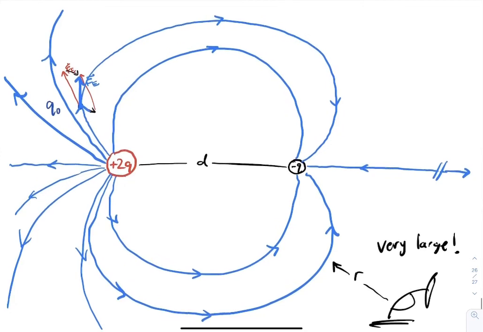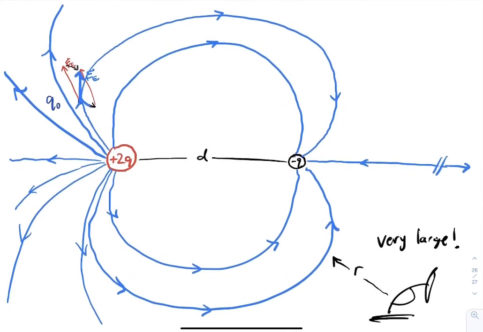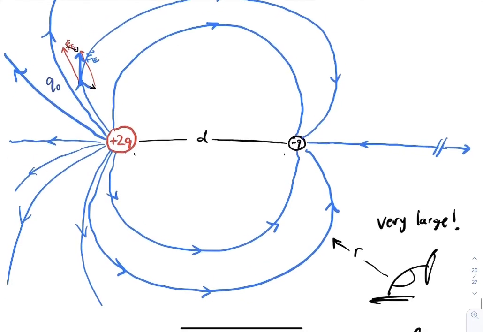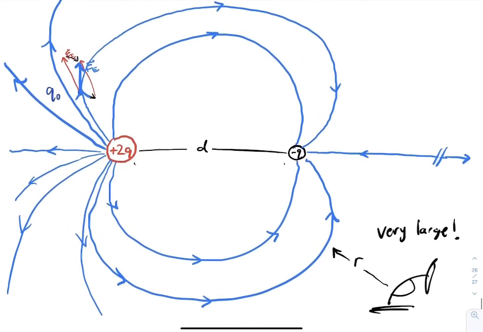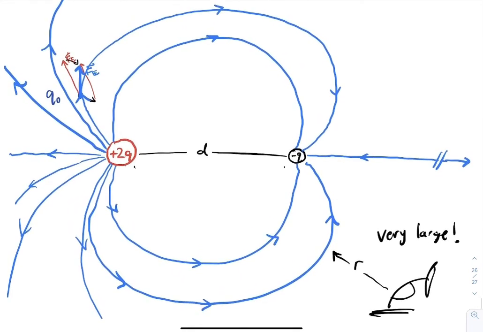If you look at this from far away, you shouldn't really see a system with two charges. If you look at a forest from far away, you really just see one big green blur. As you get closer, your eyes are able to resolve the individual trees. That's kind of the same here. If we get far enough away, our eyes or our sensing mechanism won't be able to resolve that this is two point charges anymore.